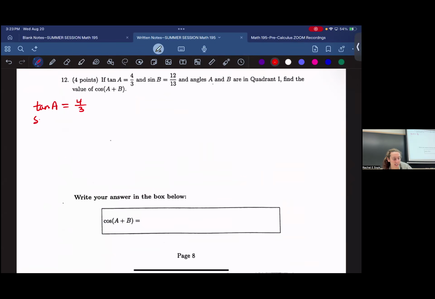So what does that tell us about sine A? Well, TOA, opposite over adjacent, so opposite over hypotenuse, that gives us 4 over 5. And then cosine, adjacent over hypotenuse, that's just 3 over 5.